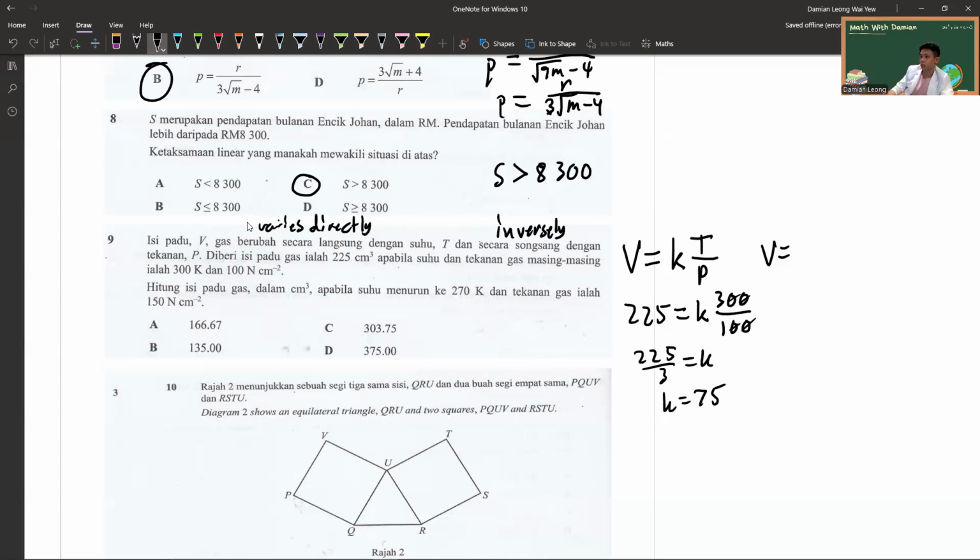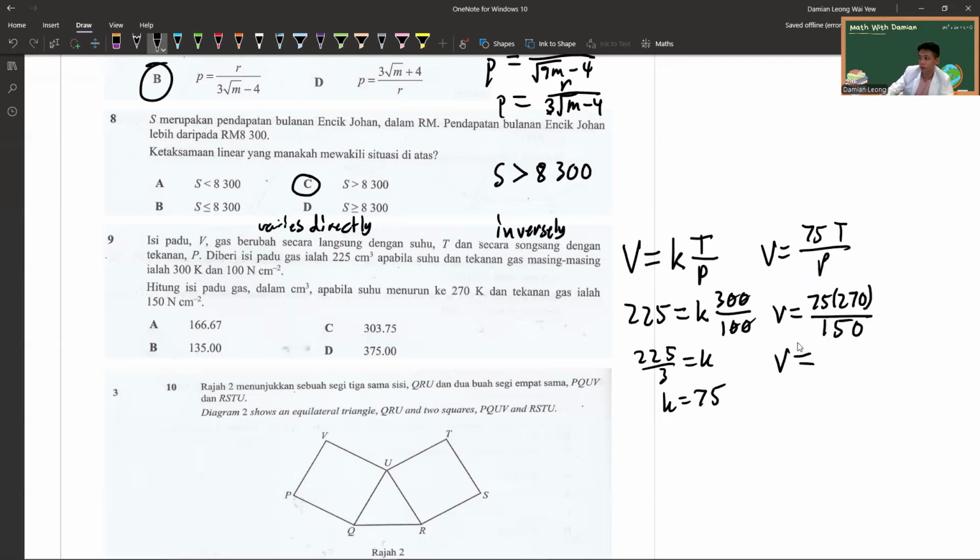Means V is 75T over P. So I want the volume when the temperature drops down to 270 Kelvin and gas pressure is 150 Newton per cm square.